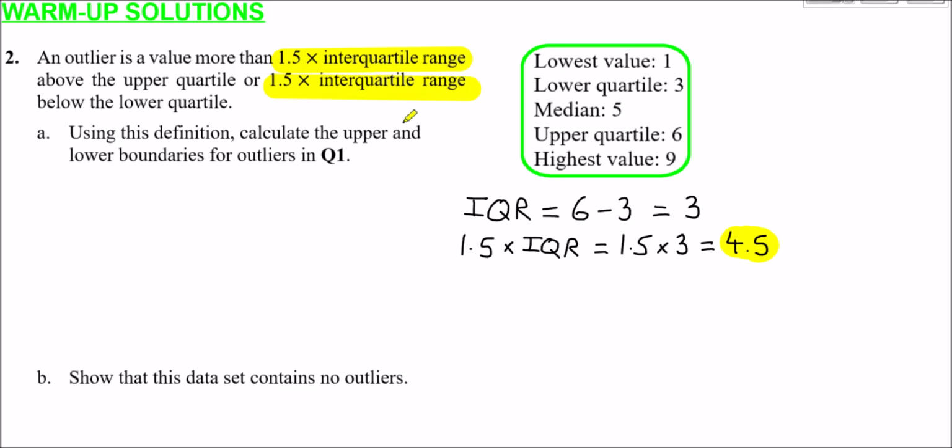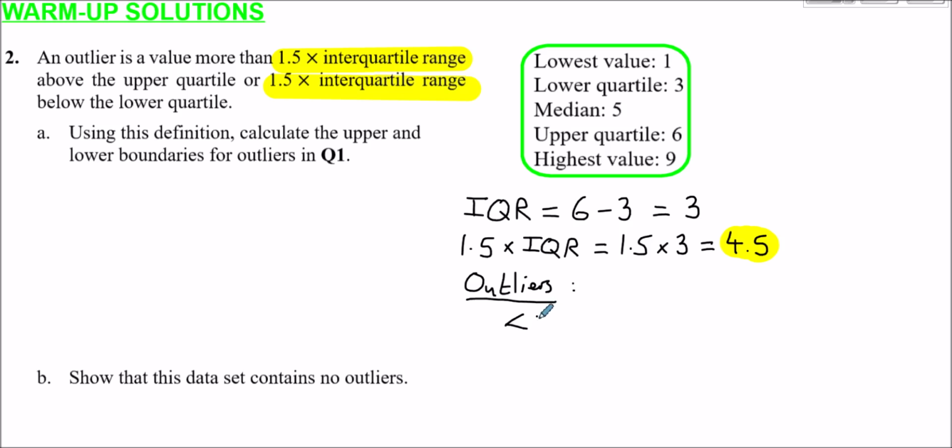So now we can calculate the boundaries for an outlier on either side. An outlier, or outliers, need to be less than 1.5 times the interquartile range, 4.5, below the lower quartile.